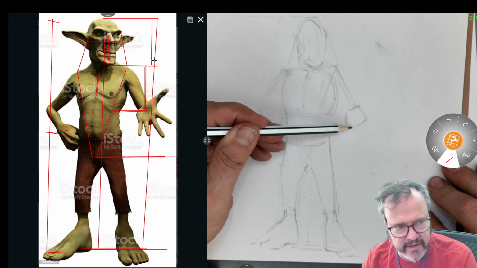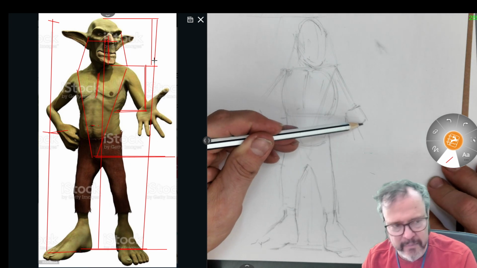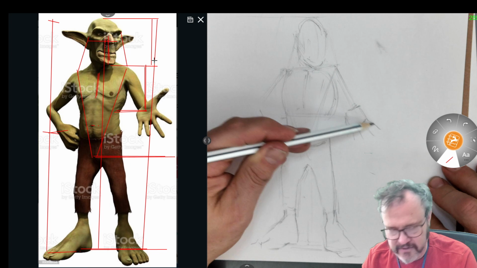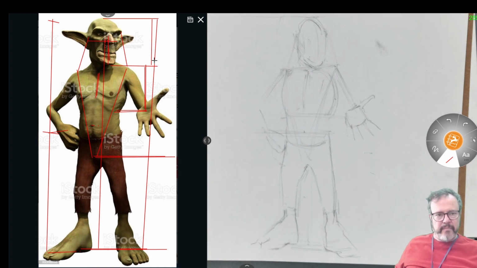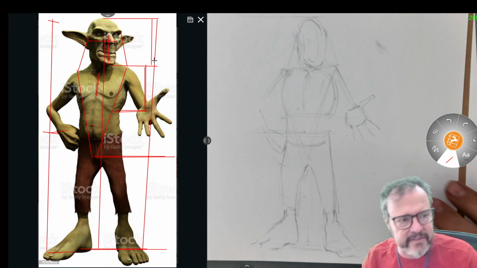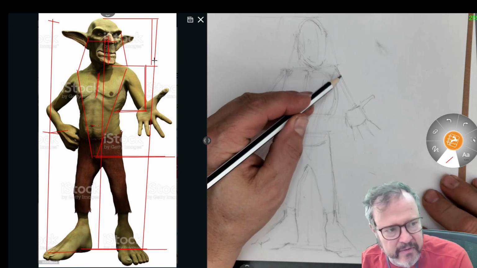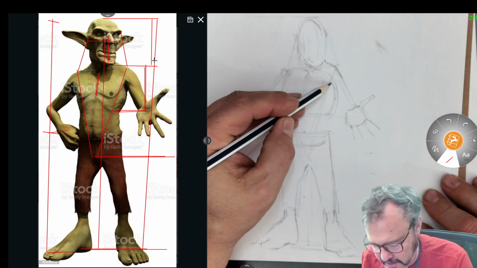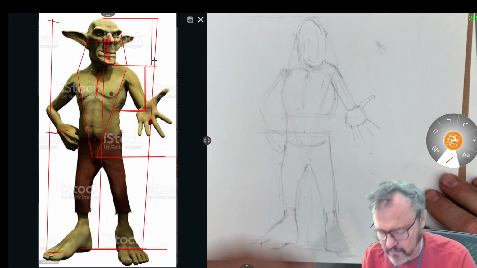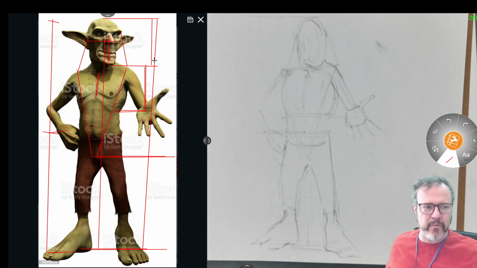And I'm also doing stick fingers to try to get the gesture of this hand. A lot of advanced artists feel ashamed of using stick anything, but there is a time for evaluating just angles and simplifying things in that way.